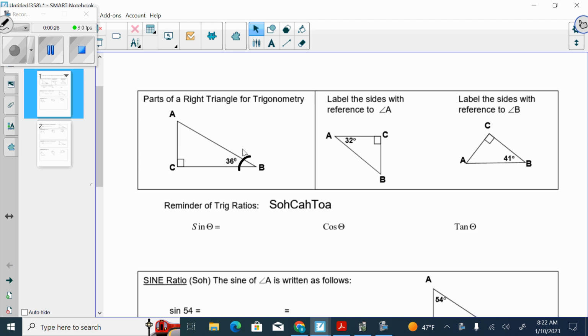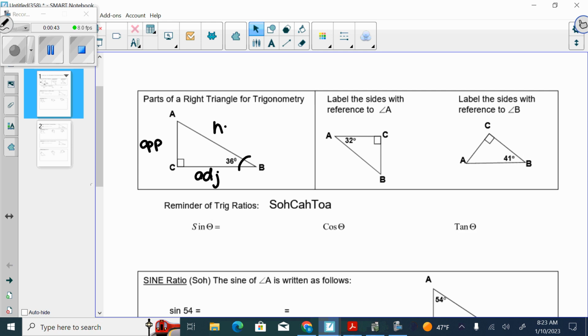Okay? So, which side is opposite of that 36-degree angle? Right. So this would be my opposite, which would be the adjacent. Good. And we would know the hypotenuse must be this side here, right? Okay. If this angle of 32 is my angle of reference, which side is the adjacent side? Good.